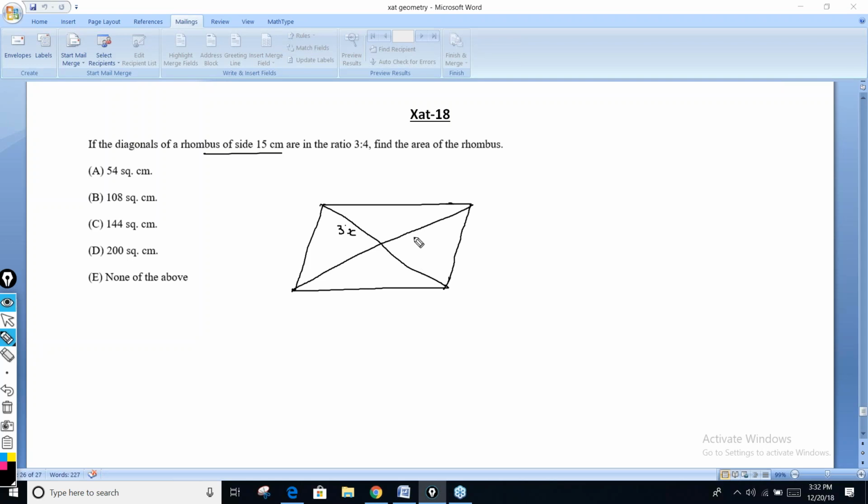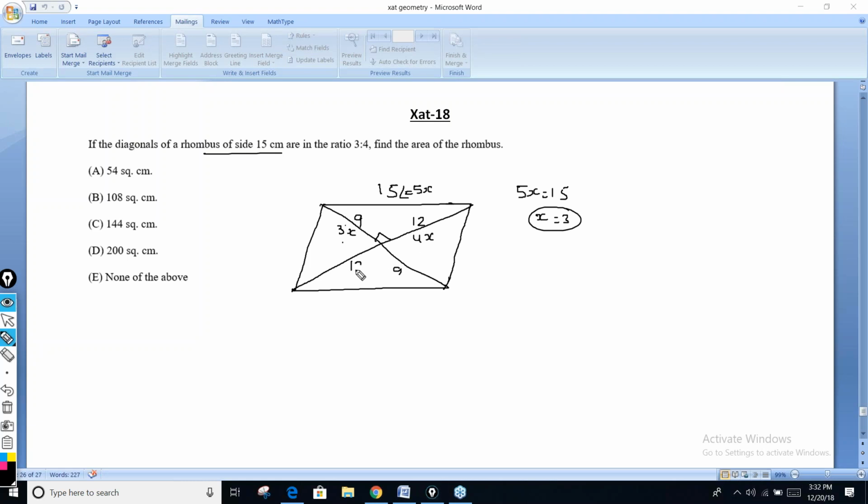So I'm taking this as 3, this as 4, and the side is given as 15. This is 90, so this is a right angle triangle, and the ratio is 3, 4, 5. So this side will be 5x, and 5x denotes 15.